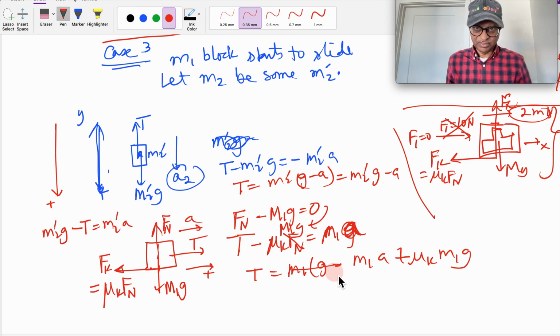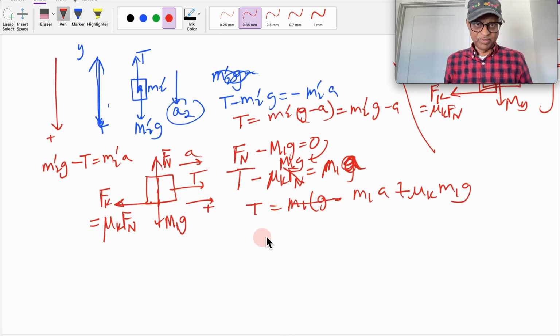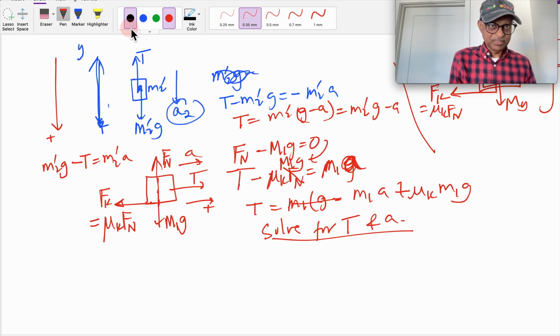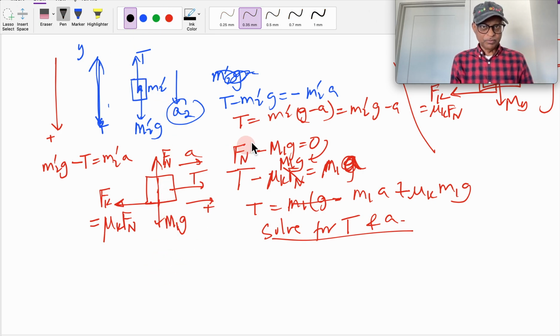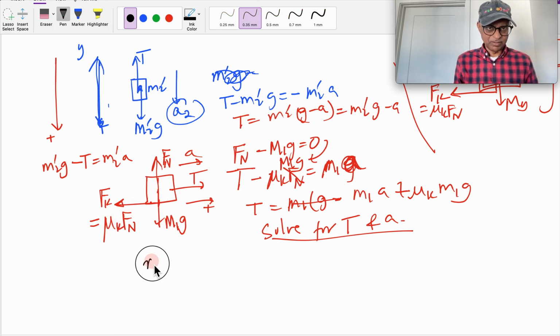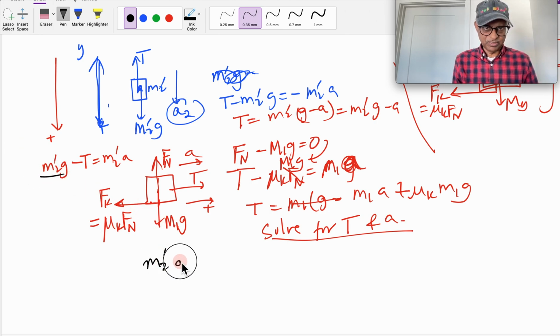You can equate them and get done, but I'll show you how to solve for T and a. That is usually the problem in this case. So I would write this guy in this form, and then you will see it's much easier to do the algebra.